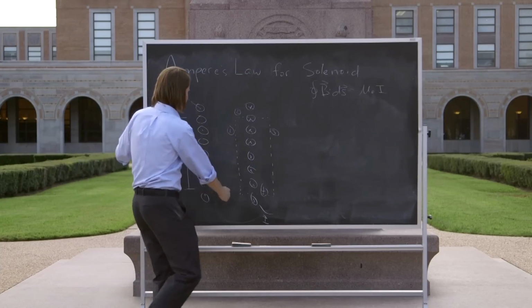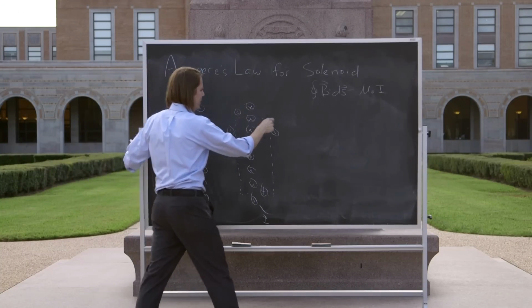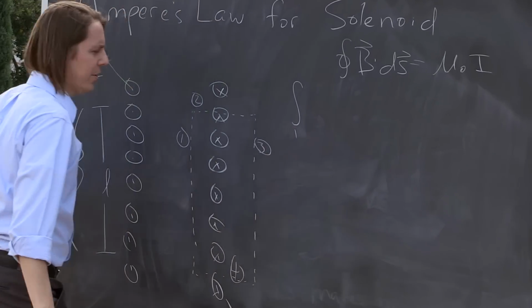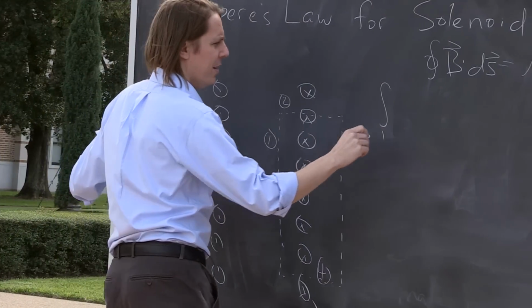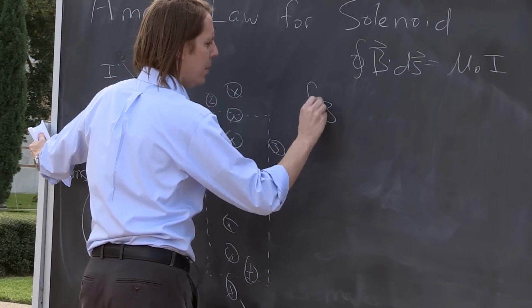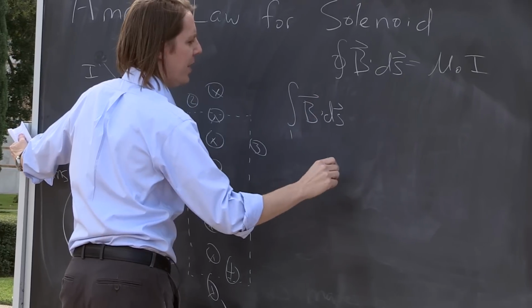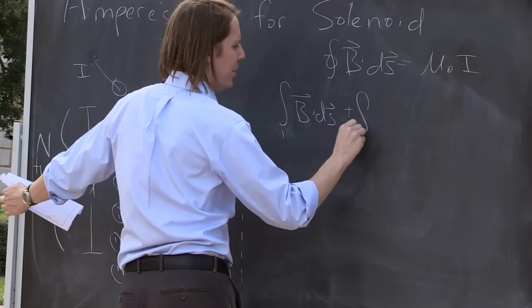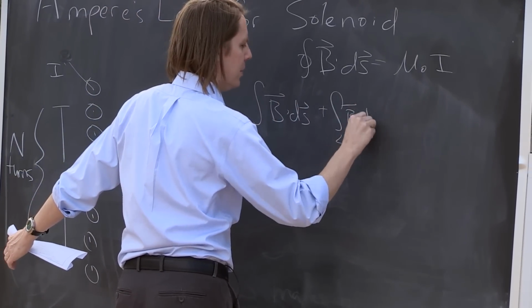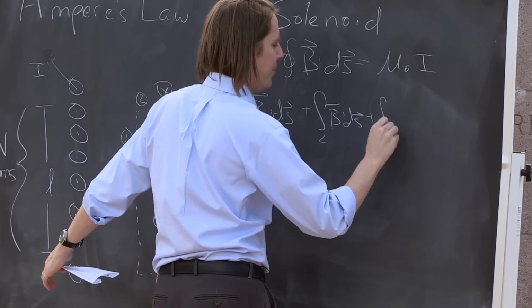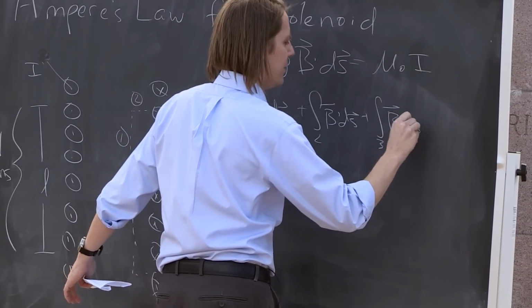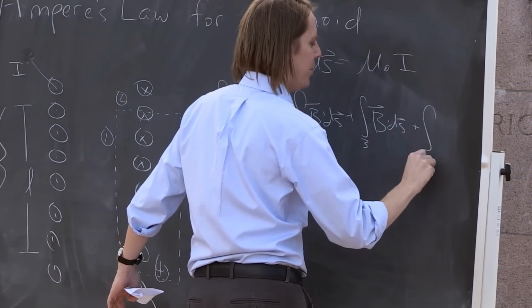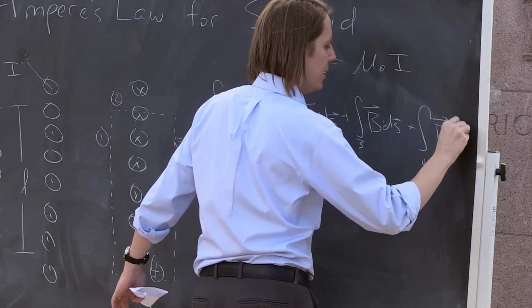So the integral along path 1 of B dot ds, plus the integral along path 2 of B dot ds, plus the integral along path 3 of B dot ds, plus the integral along path 4 of B dot ds.